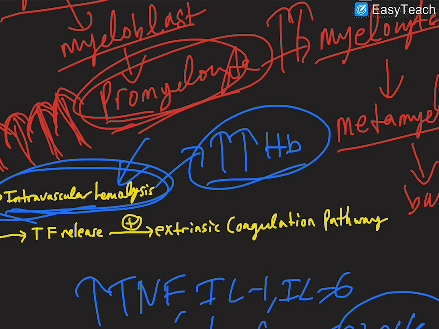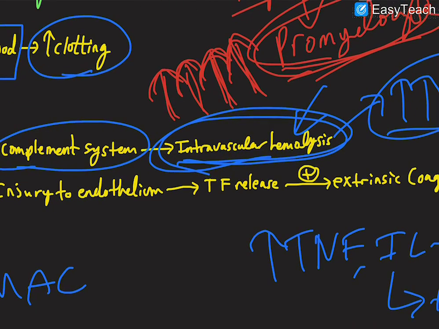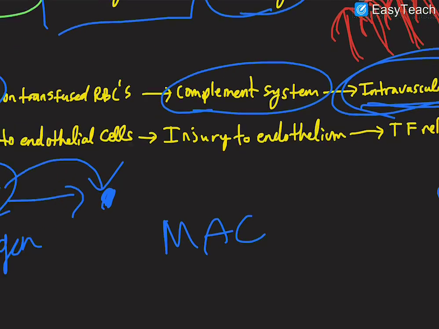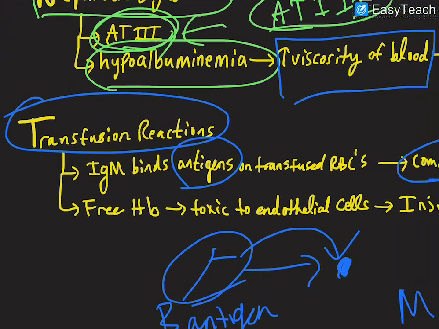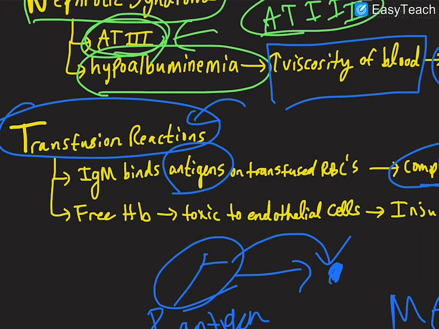So you get widespread fibrin clot formation. And of course, thrombin can help activate platelets too and platelet aggregation, right? And so you consume platelets, consume clotting factors to make a bunch of clots. But because you're consuming platelets and clotting factors, that leads to bleeding, okay? Which is DIC. So that's intravascular hemolysis. All right. So that's due to transfusion reactions.